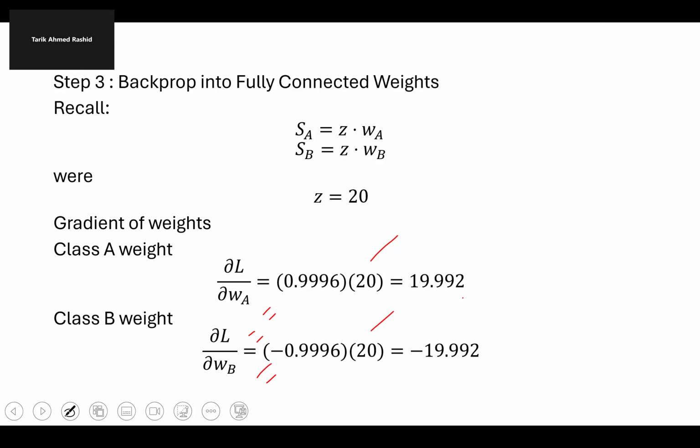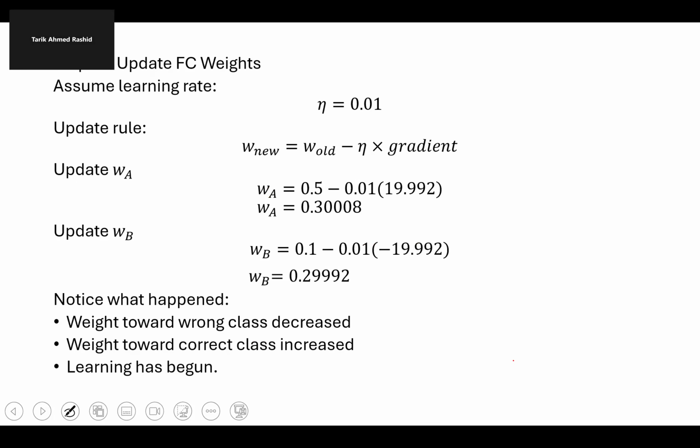So this is the change of loss with regards to A, that's amount, and the loss with regards to B, this amount. This is much smaller, you see, for the B, and for A is large. Now, learning rate is 0.1 multiplied by the gradient, and old minus this amount, so you'll get W updated.